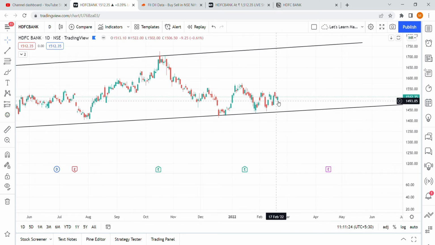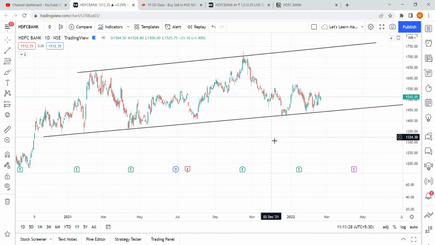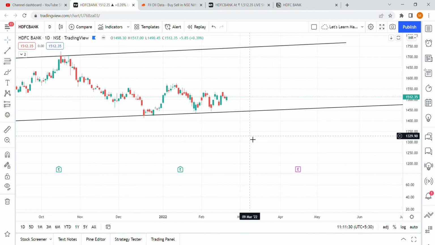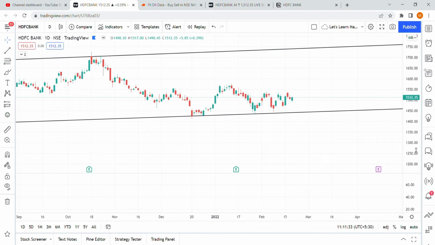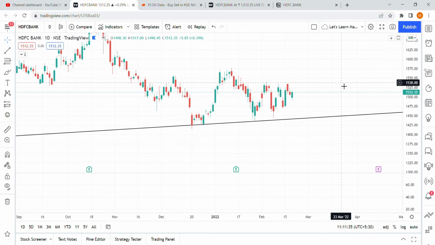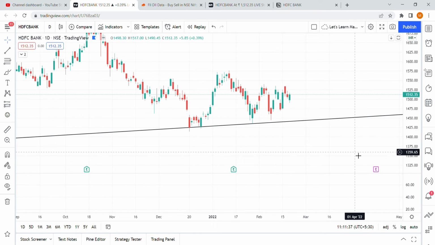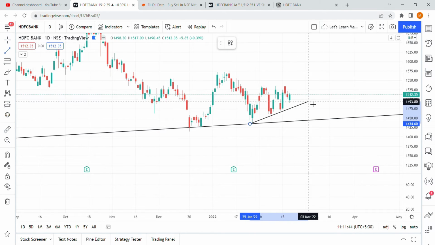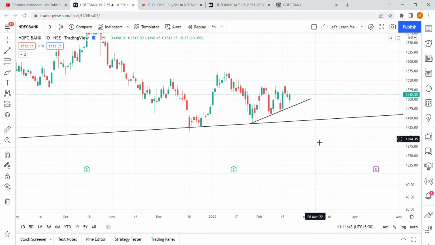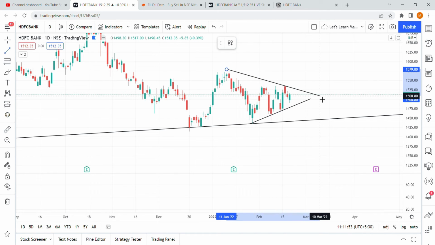And any breakout here would mean a drastic fall. And in the shorter time frame, if you want to see any indication of what is happening, I can see a pattern as well. If I mark this pattern, and then on the top side this has been forming as well, you can set this as well.